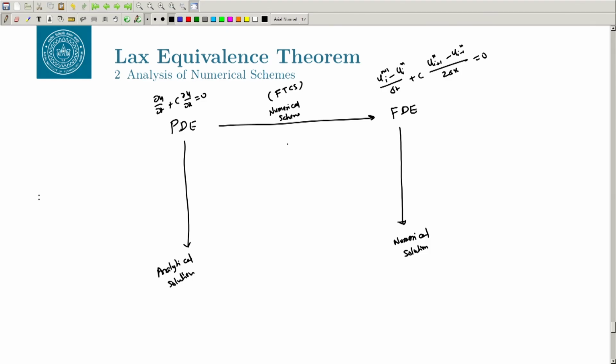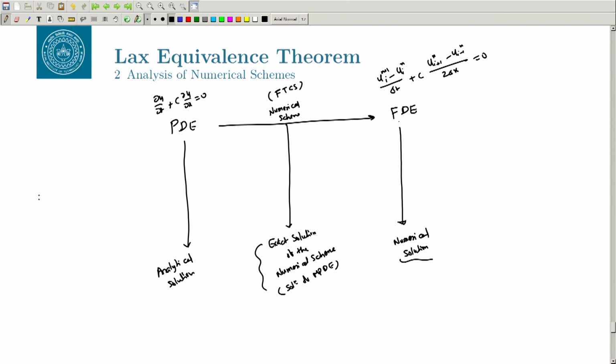What is that? Basically the solution of your modified partial differential equation, MPDE. So, let us call this the exact solution of the numerical scheme, which is nothing but the solution of the MPDE.